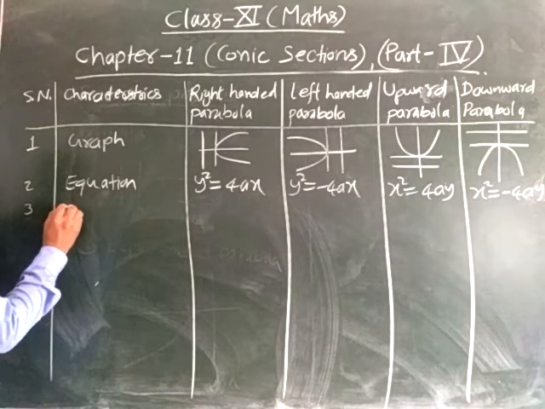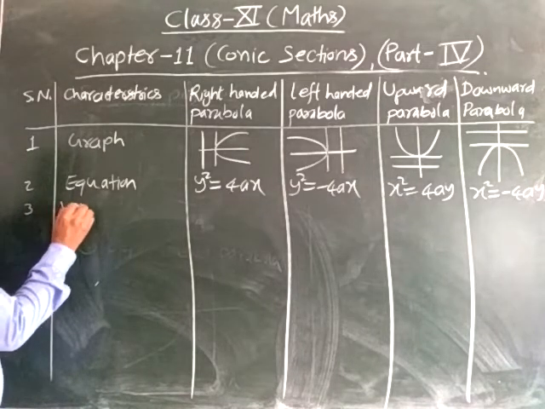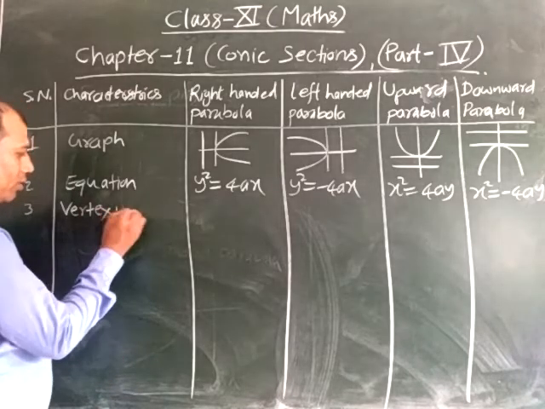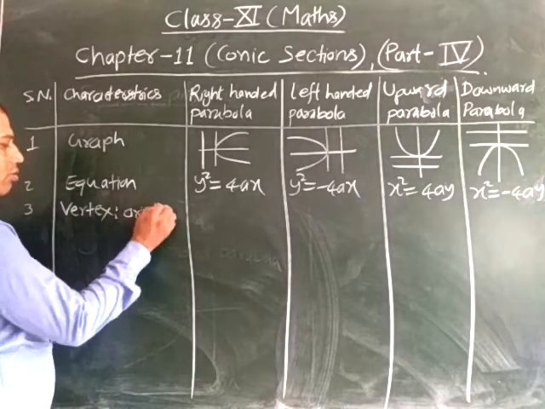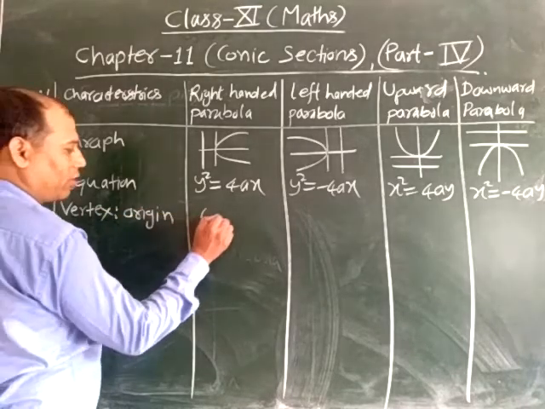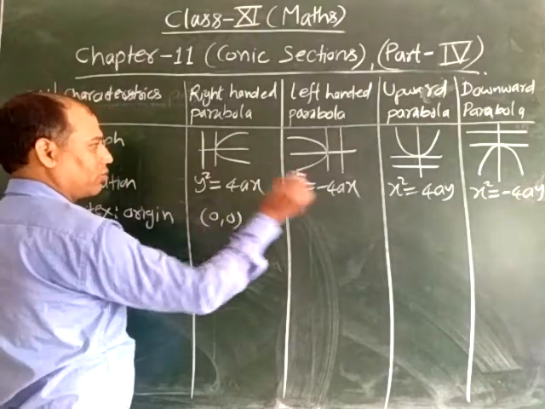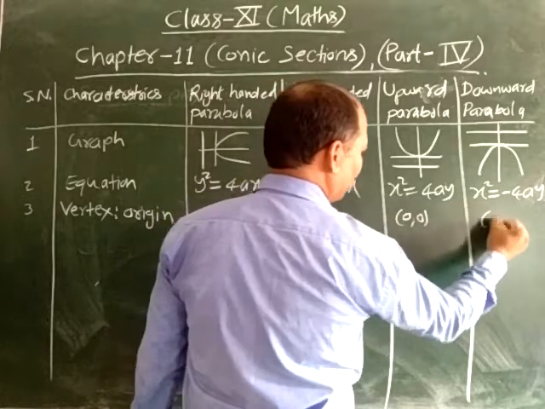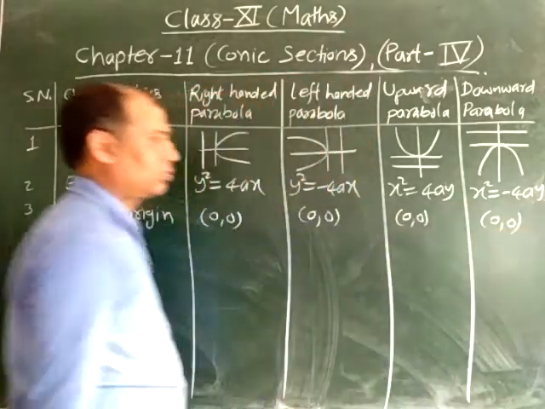Now, vertex is at origin and has the coordinates 0, 0.